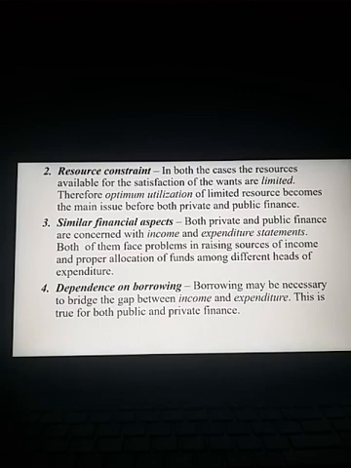This is true for both the cases, whether it is government or private, whether it is public finance or private finance. To bridge the gap between income and expenditure, borrowing becomes necessary. In the case of government, we call it public borrowing. In the case of an individual, we say private borrowing. The sources may differ, but both borrow to bridge the gap between income and expenditure.